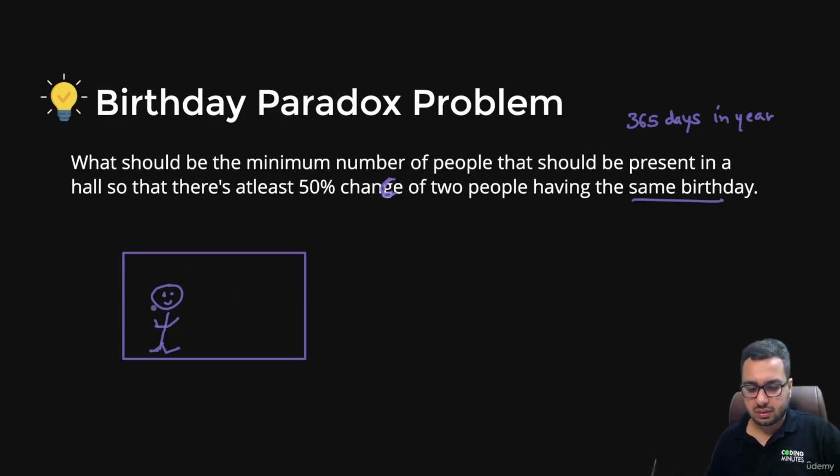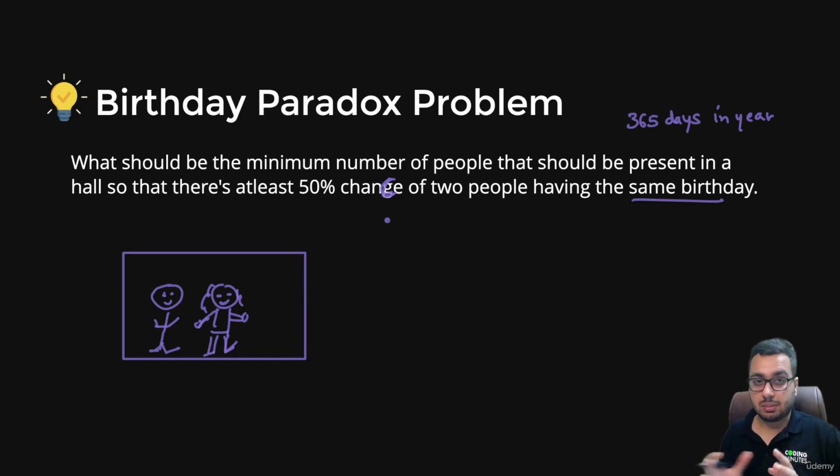Now if I say we have two people and they should have a birthday on the same date, what is the chance? How many people should we have in the hall so that we can say with 50% confidence that at least two people are going to clash their birthdays?